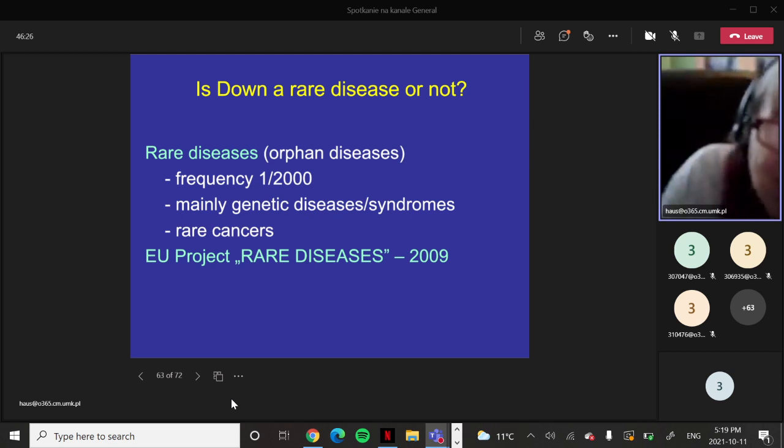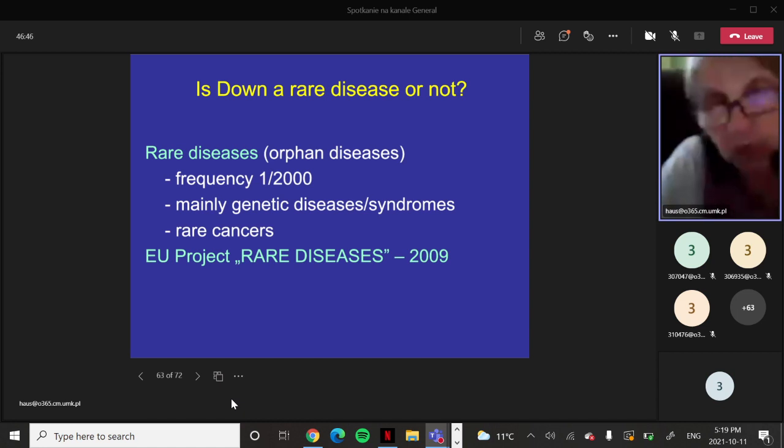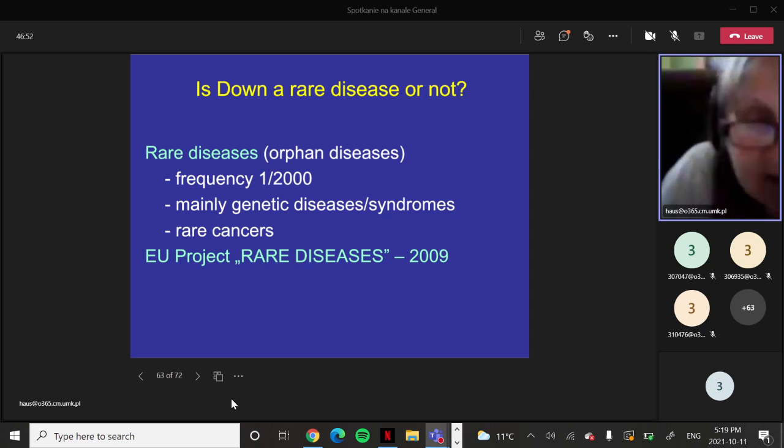I think that it's not good for people with Down syndrome, because people with rare diseases have some privileges, some additional money from a government, or given to governments to make their life better, and so on.